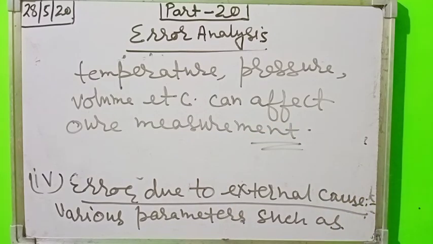These are the external factors which affect our measurement. Obviously these are the causes of random errors also, which we will study in a later topic. So these are the errors due to external causes.